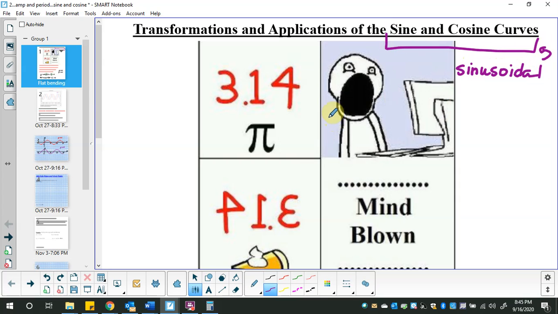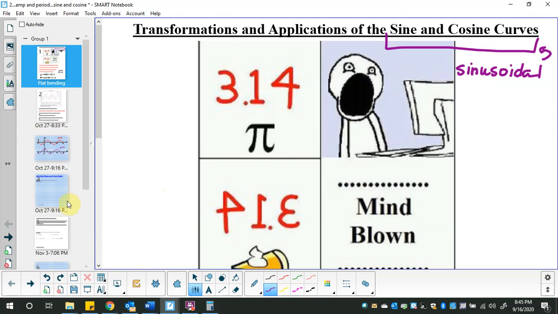So if you're familiar with trig and you know that there's also a tangent curve and a cosecant curve and a secant curve and a cotangent curve, you can ignore all of those because the word sinusoidal means sine and cosine curves only. And I know it starts with sine, but it's both sine and cosine. So it doesn't matter which one, it's whichever one applies.